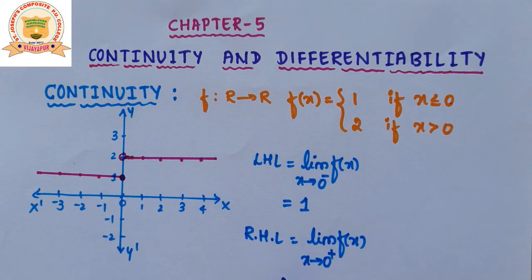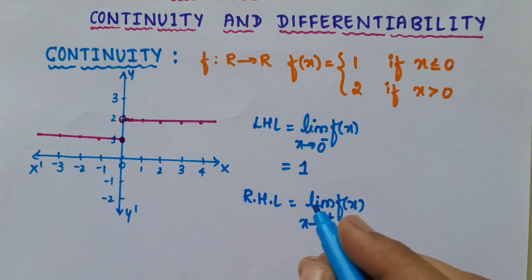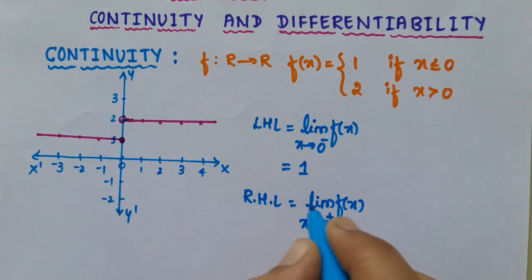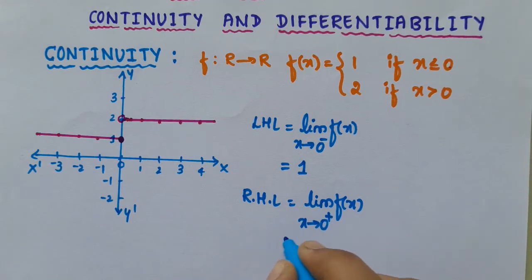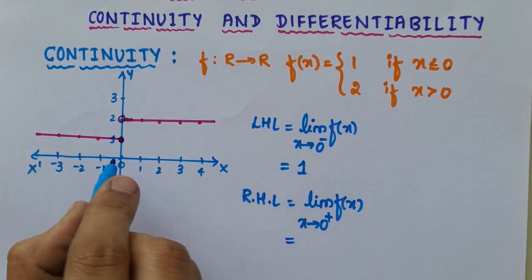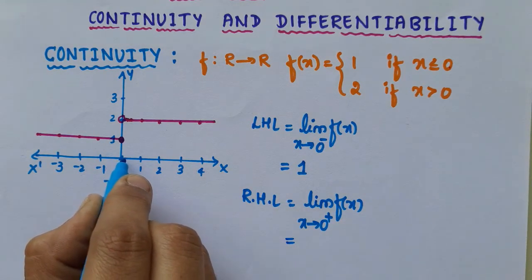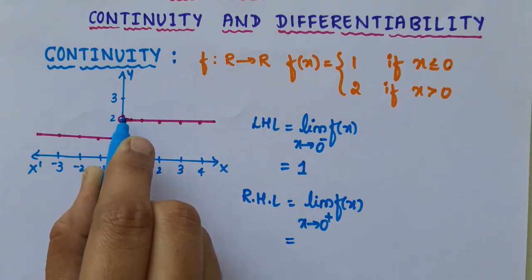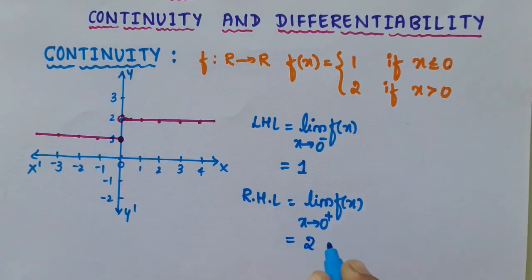And if you find RHL, it is the limit of f of x as x tends to 0 plus, nothing but the right hand limit of this function, for the right side of the origin and very near to 0. For the points 0.1, 0.2, 0.3, the value of the function is 2. Therefore, the right hand limit of this function as x tends to 0 plus is 2.